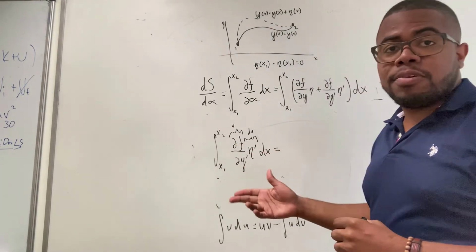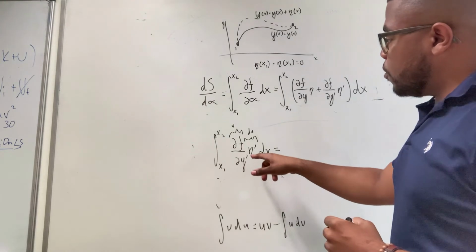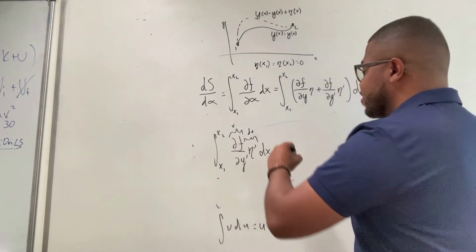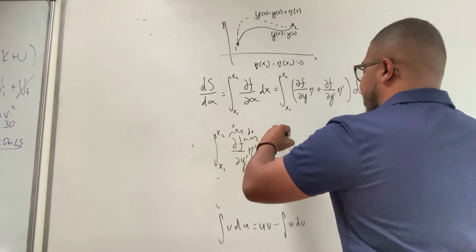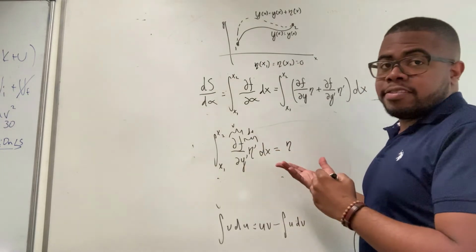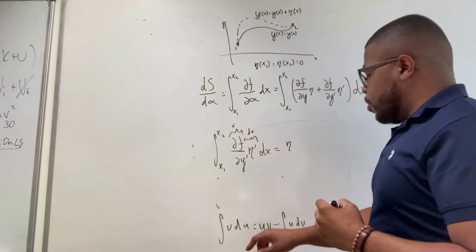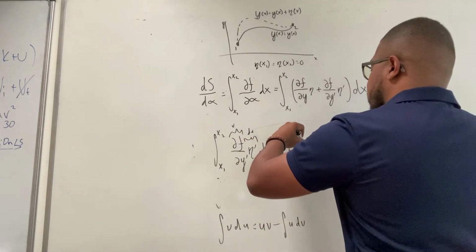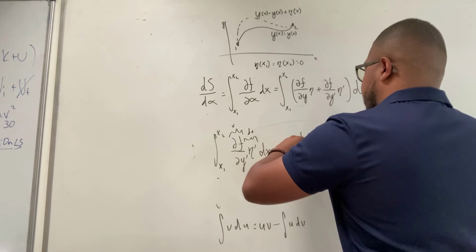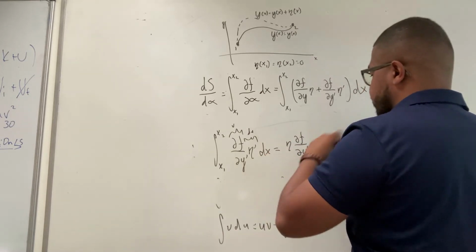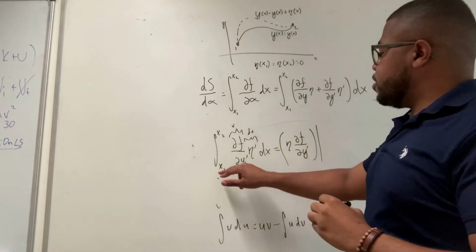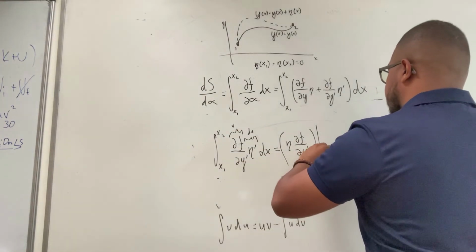Because eta was a function of x, the integral of eta prime will just be eta, giving us eta of x technically, and then our v is just this right here, the partial derivative of f with respect to y prime. And this, of course, is taken within the interval x1 to x2.